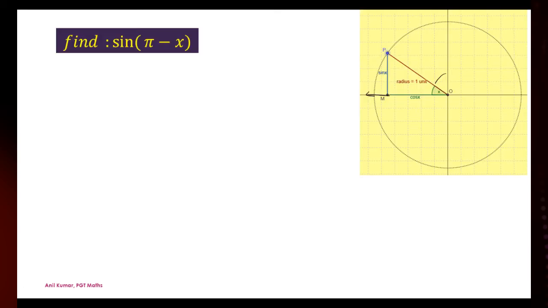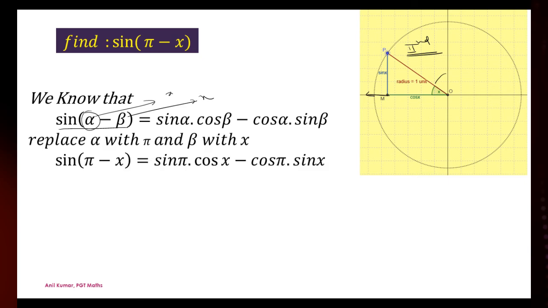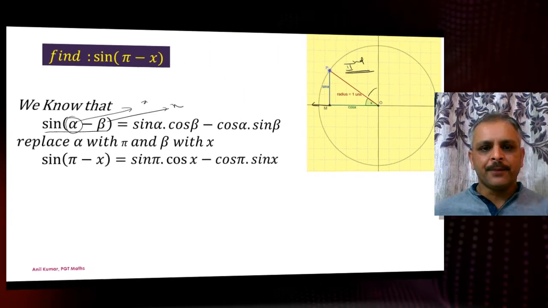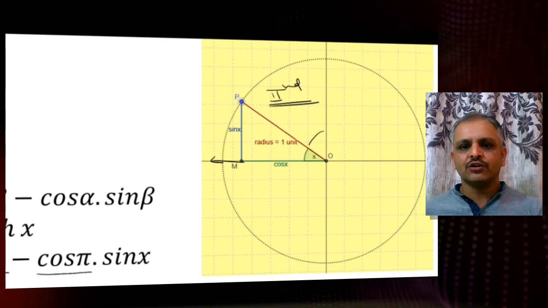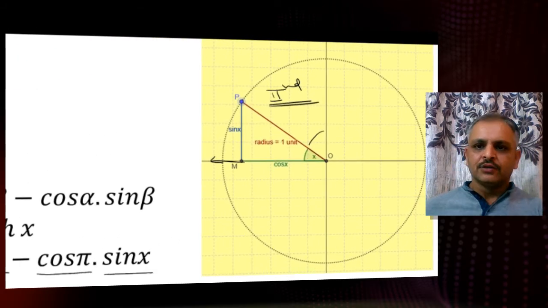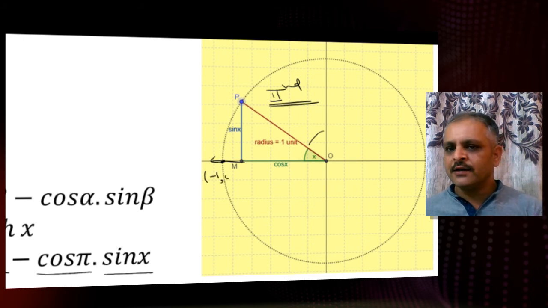Pi minus x, we are in the second quadrant. And to find sin(pi minus x), we will use the sine alpha minus beta identity and replace alpha with pi and beta with x. So it will become sin pi cos x minus cos pi sin x. As you know, this pi angle is here and the coordinates are x is minus 1, y is 0.